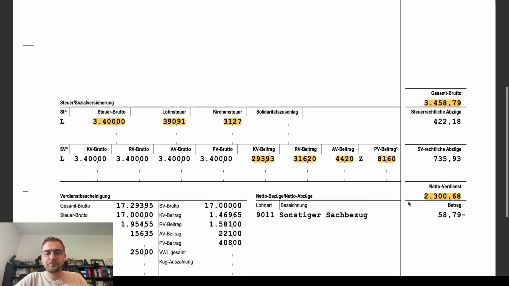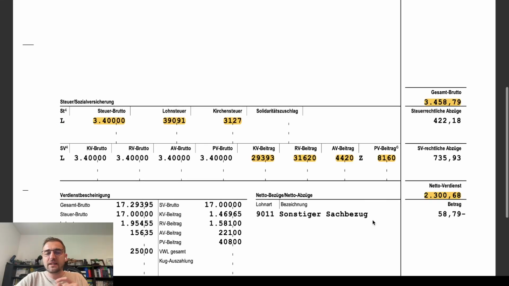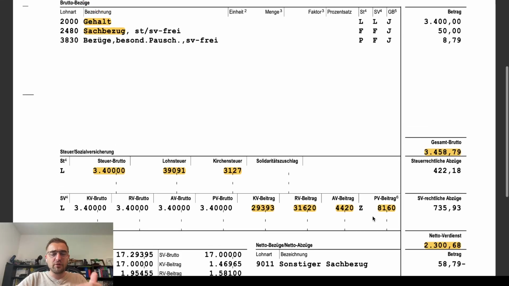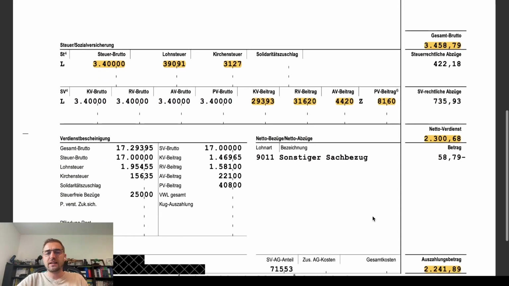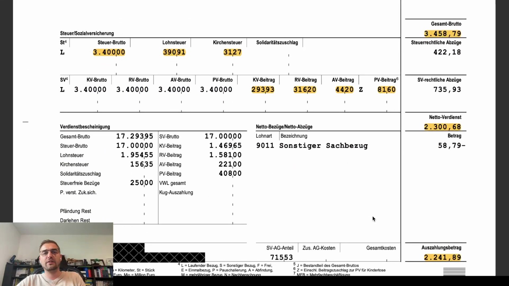But in this case, the so-called sonstiger Sachbezug, specialized benefits, will also be deducted, because in most cases in Germany you get, for example, a so-called present card. It's not really a present, it's like a card. You can also have it on your mobile phone or smartphone.